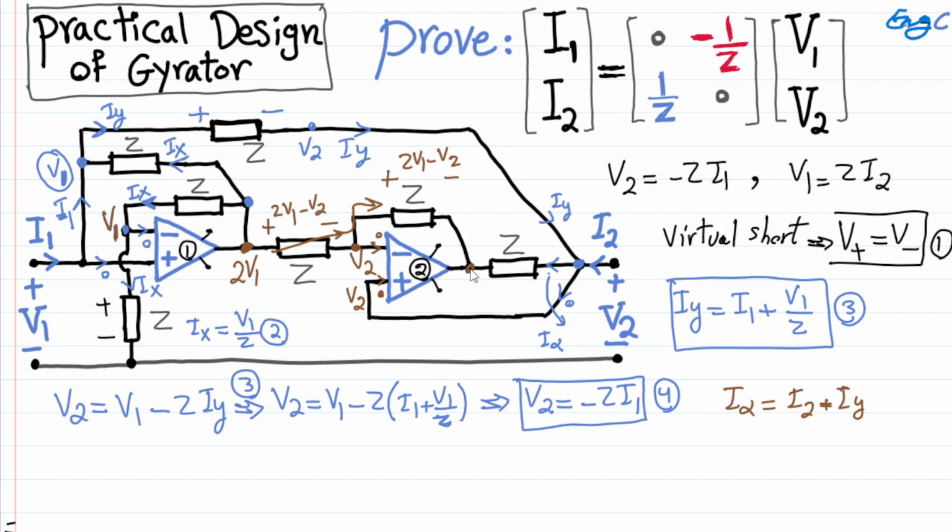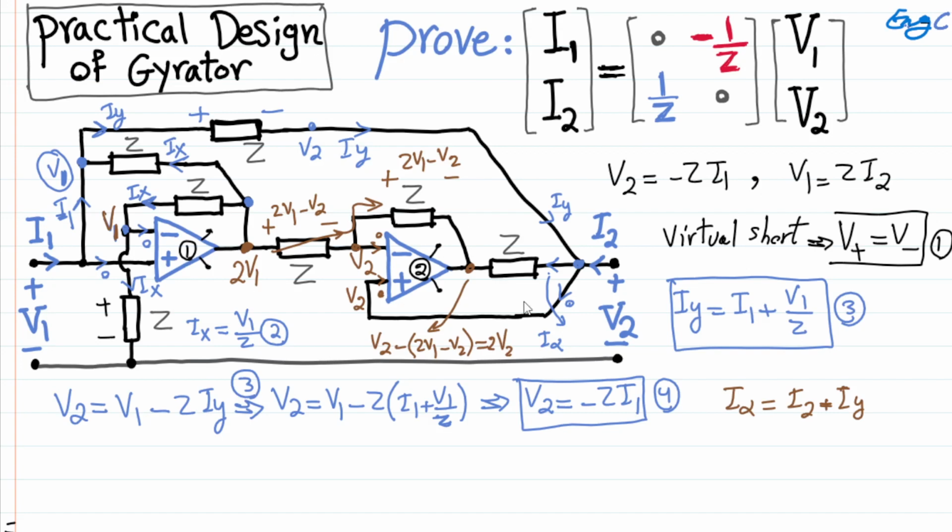So here, this voltage can be computed, and it's simply V2 minus the voltage drop across this impedance, which is 2V1 minus V2. And you can see that it becomes 2V2 minus 2V1. Let me just clean this up so that we have enough space to write this.